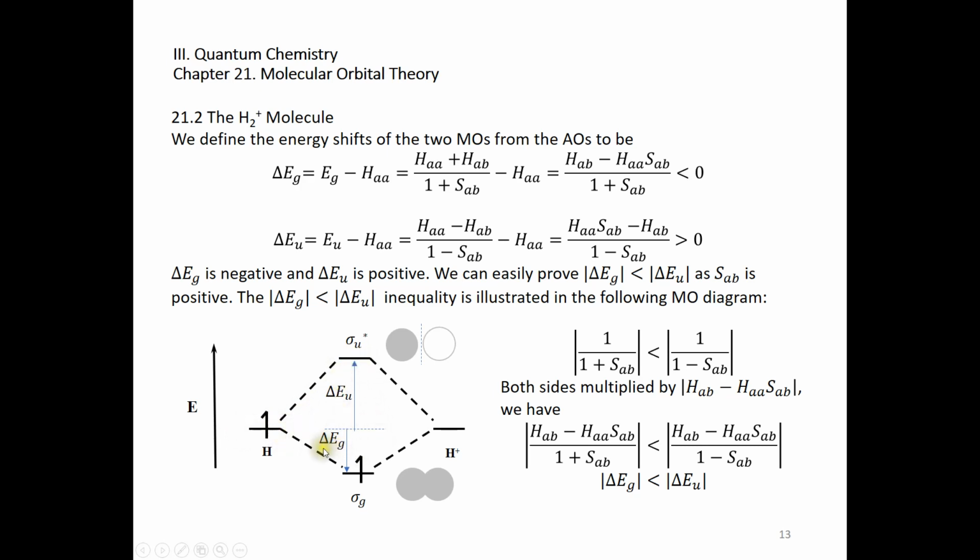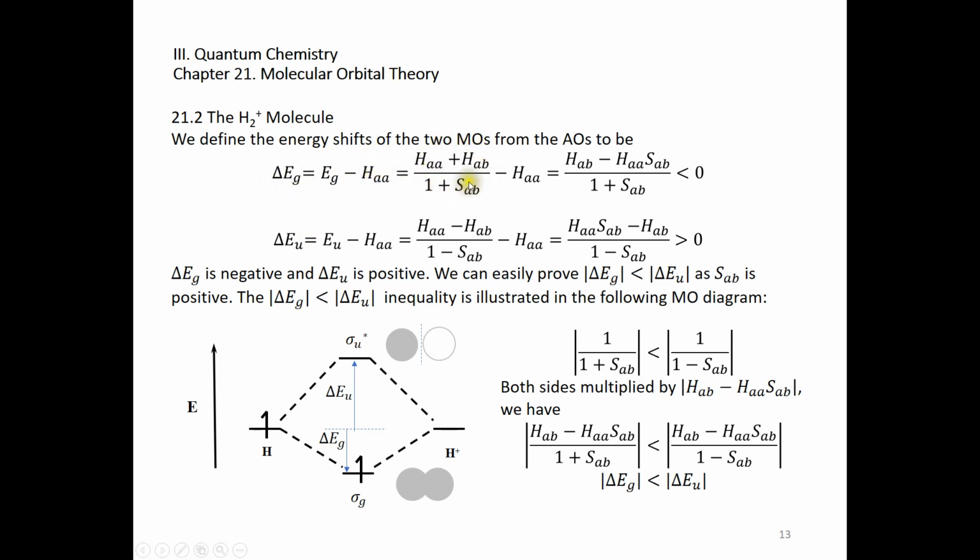So we have a shift here. This delta E sub G is a downshift. This delta E sub U is an upshift. So we can express this delta E sub G and delta E sub U. Delta E sub G is E sub G, the energy of the bonding orbital, minus H_AA, which is just the atomic orbital energy.